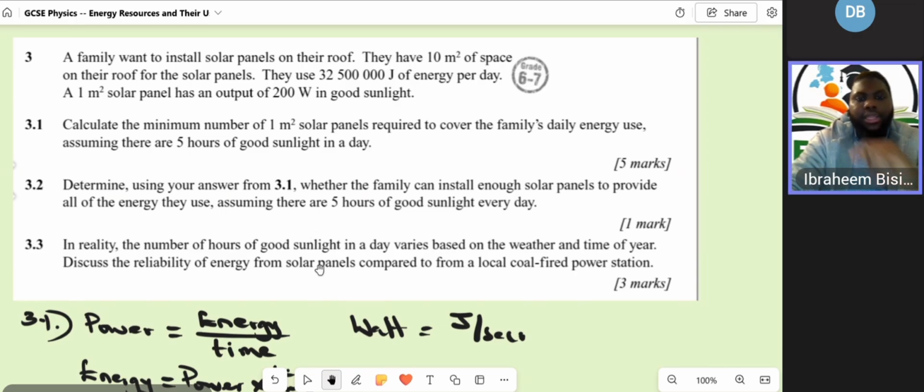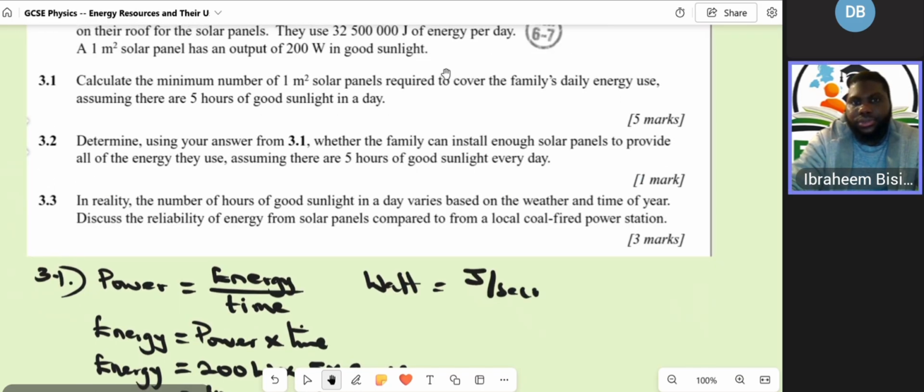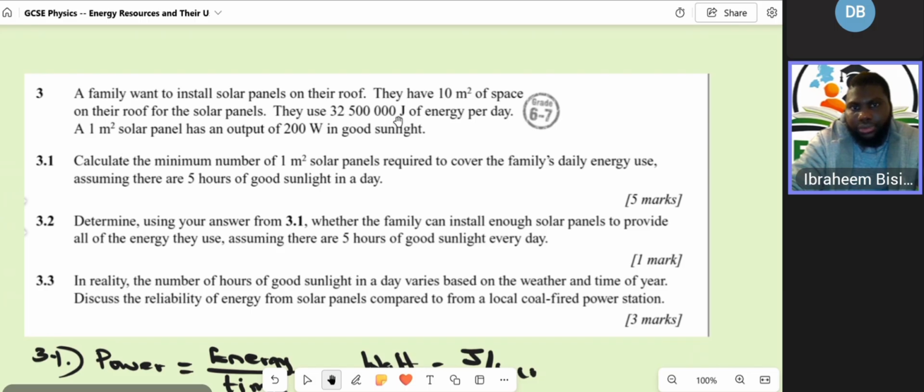So how many of that will we need to generate this amount of energy per day for that family? 32,500,000 joules.